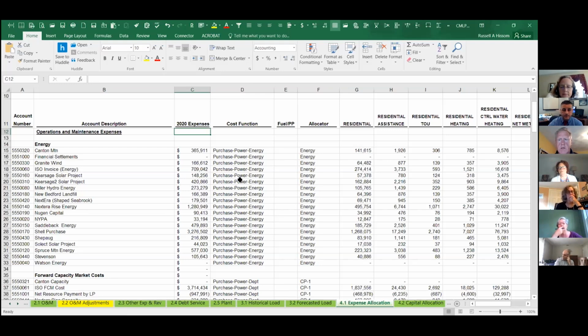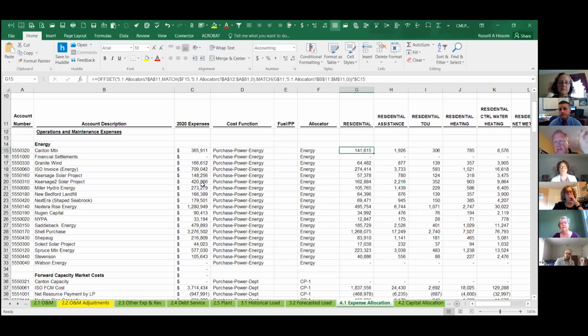Sure. I probably didn't explain that real clearly. I hate to use the old-fashioned term of peel back the onion, but there's a lot of layers that you go through to come to the numbers that you see on this schedule here. There's not really a one-to-one relationship. It goes through variations of allocation.